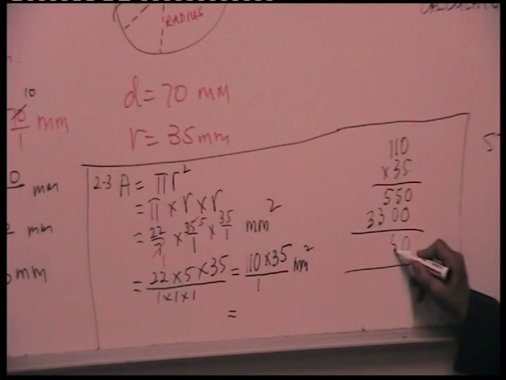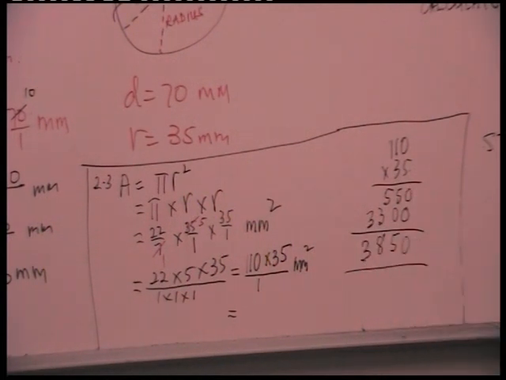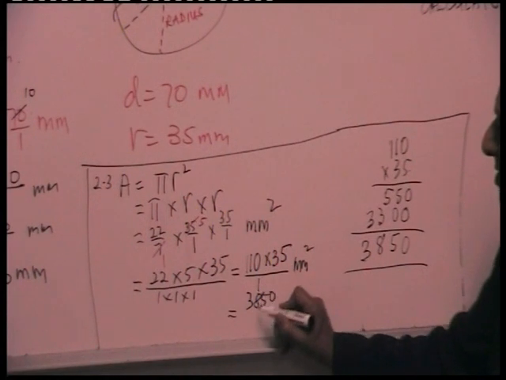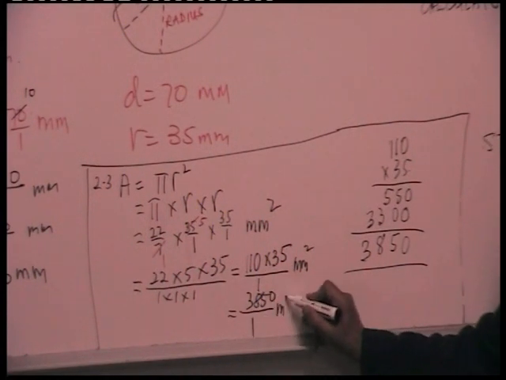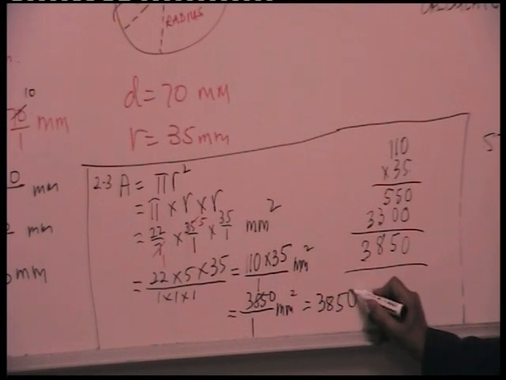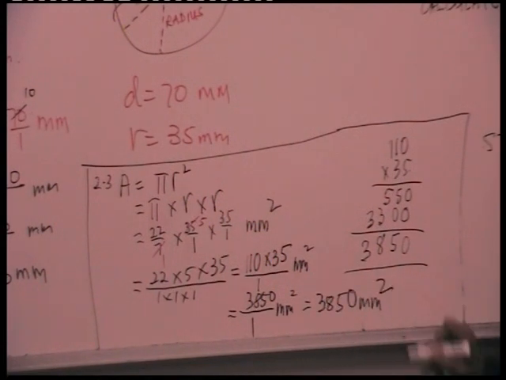That's 0, that's 5, that's 8, that's 3. 3, 8, 5, 0. So this final answer is 3850 all over 1, which is actually 3850 millimeters squared.